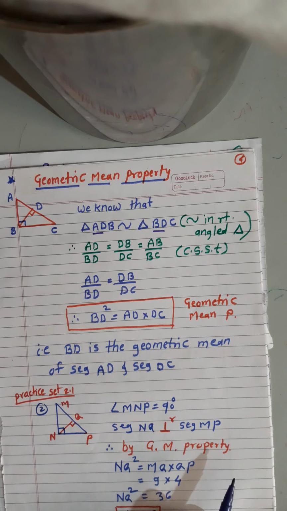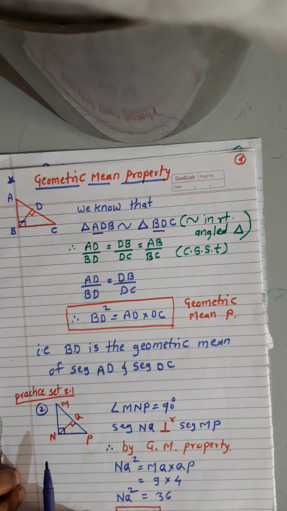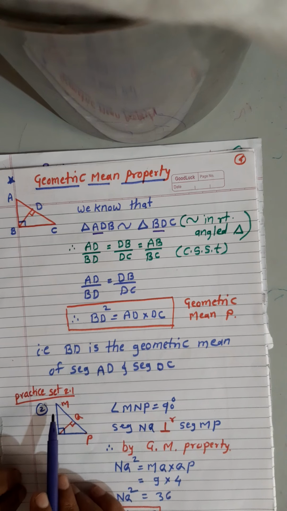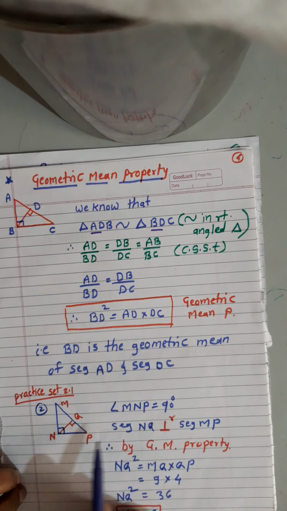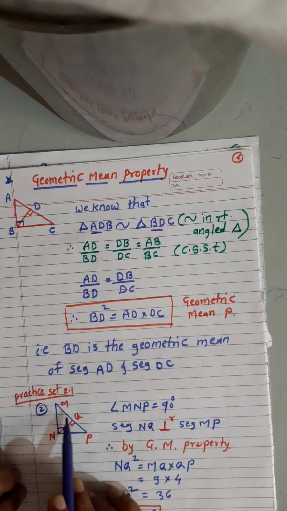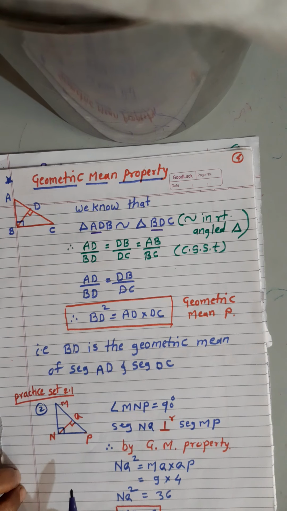Now we will consider the second problem in practice set 2.1. See the figure: triangle MNP is given, angle N equals 90 degrees. Also segment NQ is perpendicular to MP.